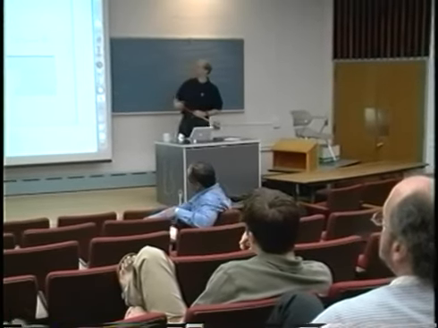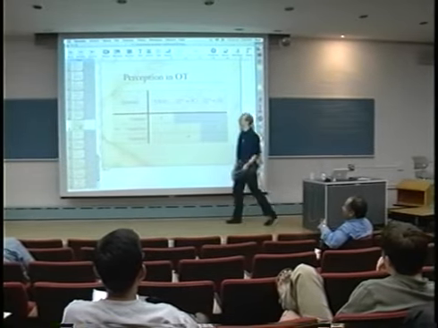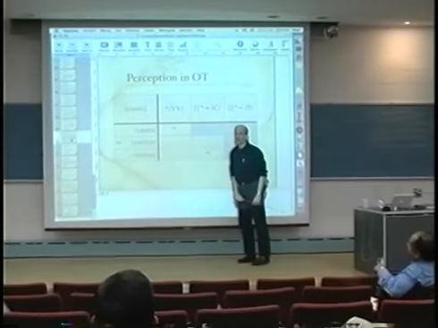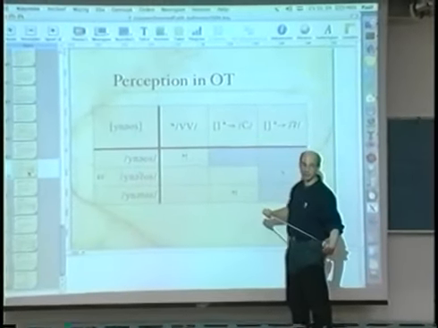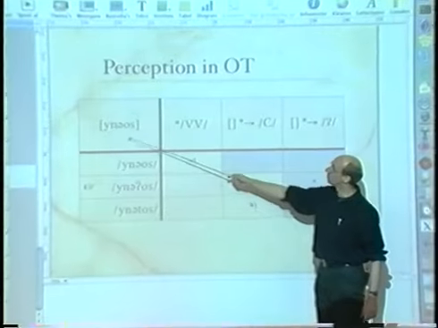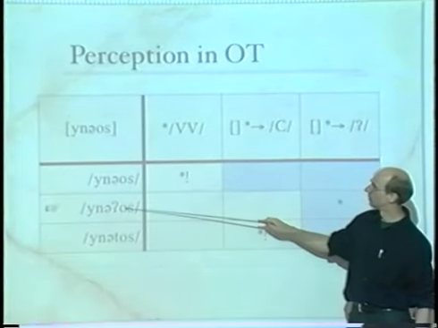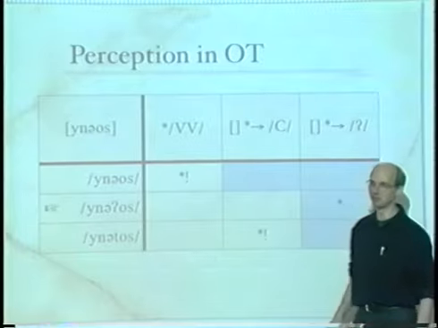I think this was the slide. Yeah, okay. This is a perception tableau. OF to SF mapping. This is what the speaker knows that the listener will do. This is also what the listener does. Right? So an overt form uno-os is mapped to a surface structure which contains this boundary symbol here.